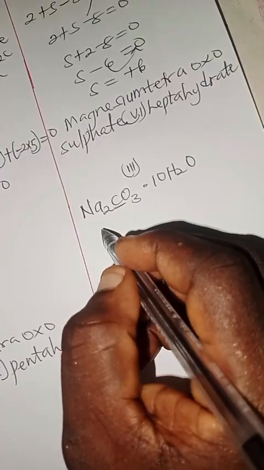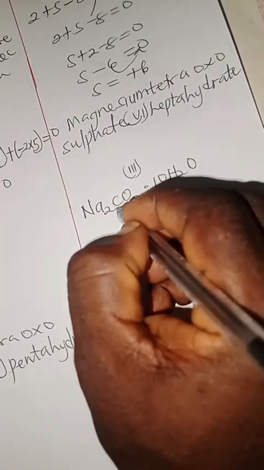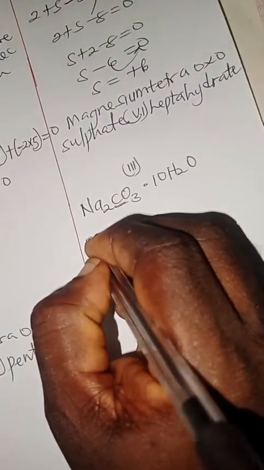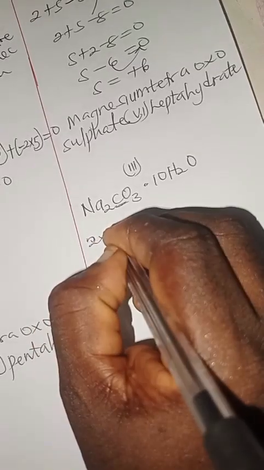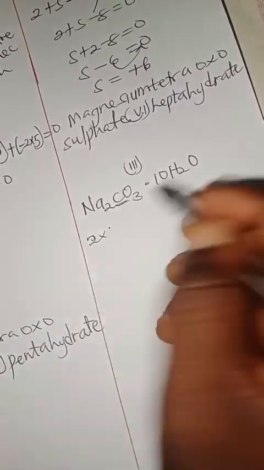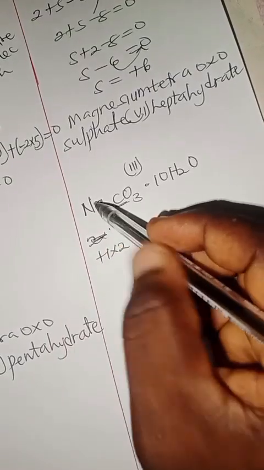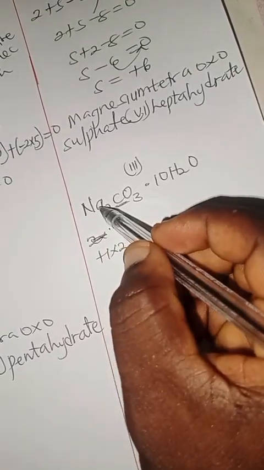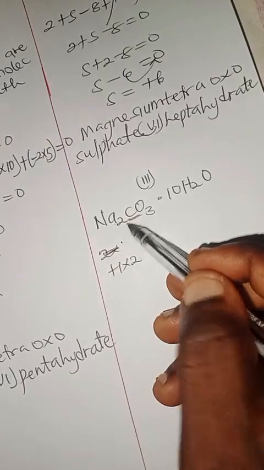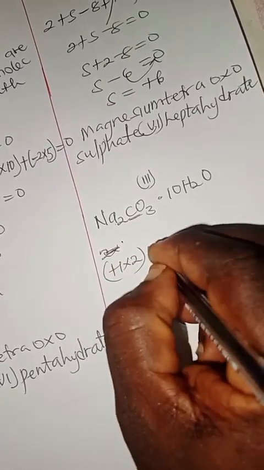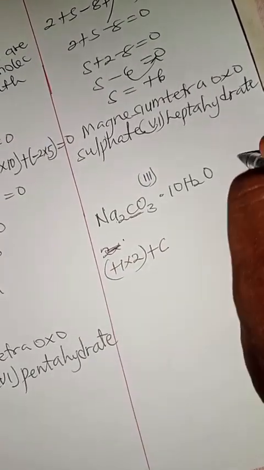And here, identify it. Then 2 multiplied by, so to be consistent, let's use plus 1 times 2, because the oxidation number of sodium here is plus 1. How many atoms of sodium? 2. Your middle atom, don't forget, sum everything to 0.